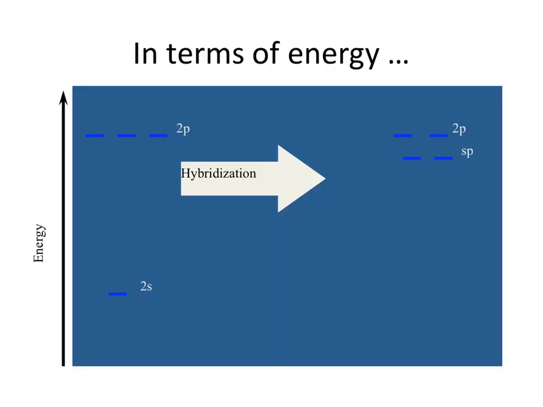So if we look at their energetics, remember we have our s and our three p's. We only mixed one s and one p, so that gives us two sp hybridized orbitals, and that means we have two unhybridized p orbitals. And that's going to come into importance when we start looking at our bonding, just like we did before.